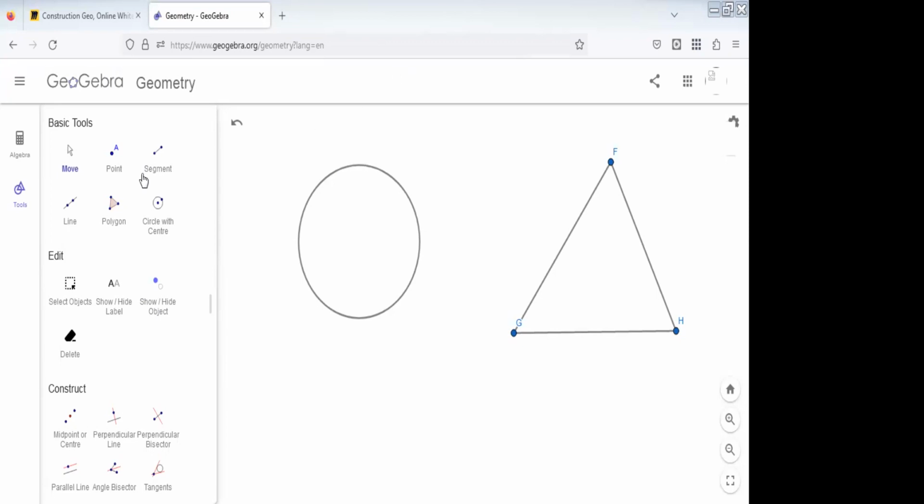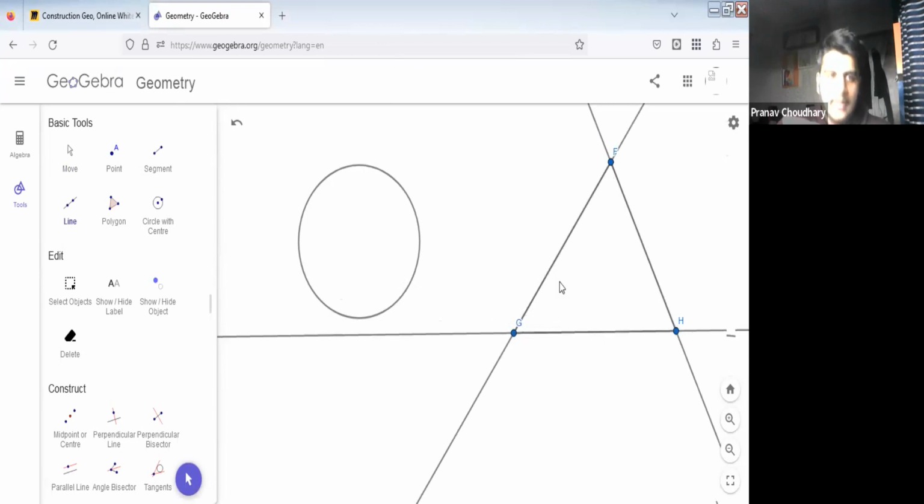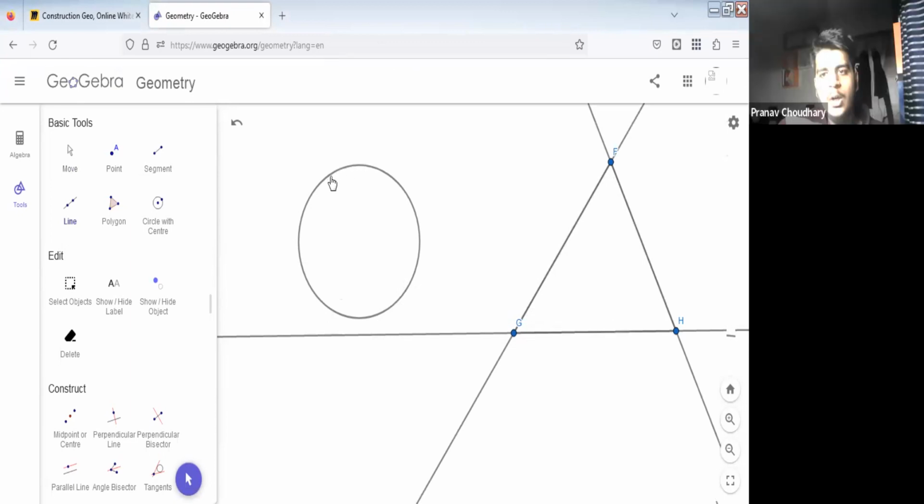We are given a circle and three lines, FG, FH, GH, which form a triangle. You need to construct a triangle with this given circle as its circumcircle, and the sides of the triangle should be parallel to these three lines.